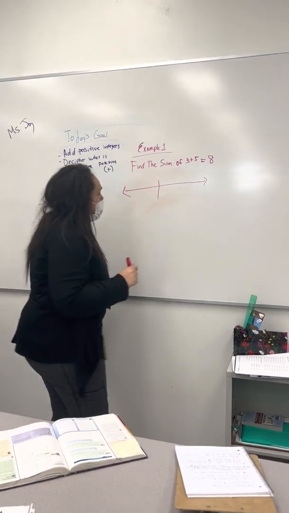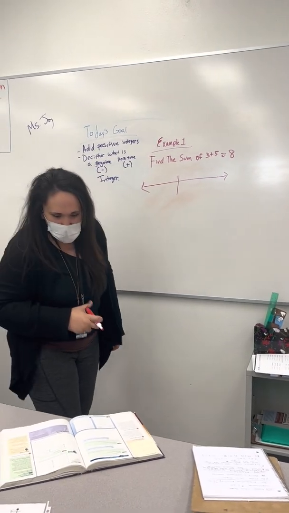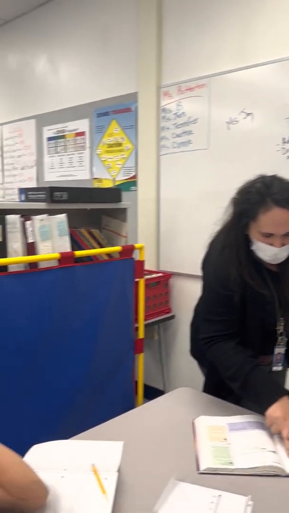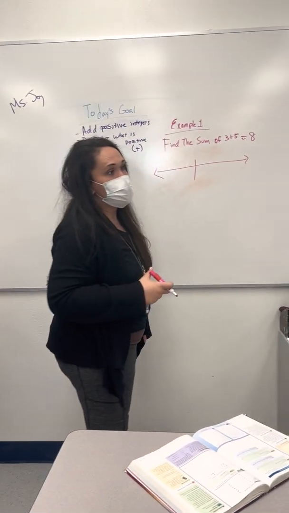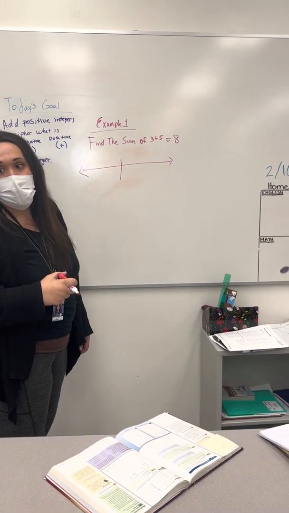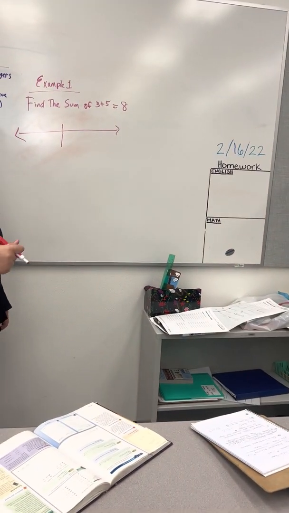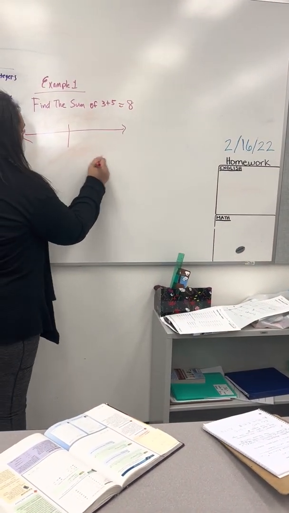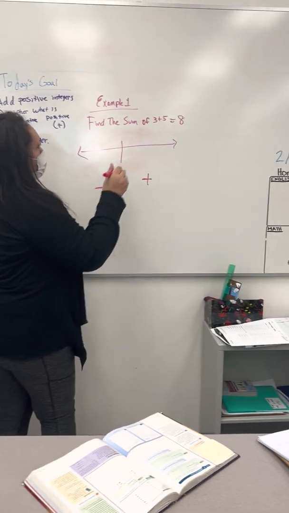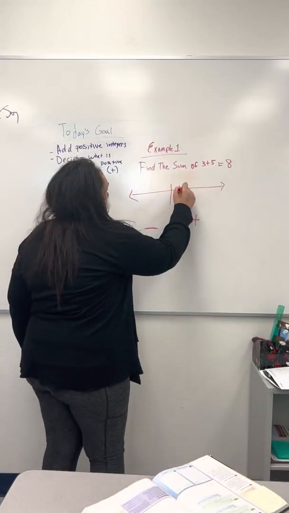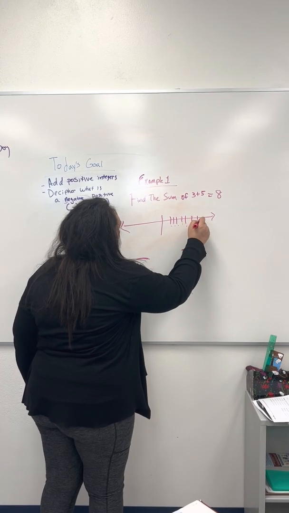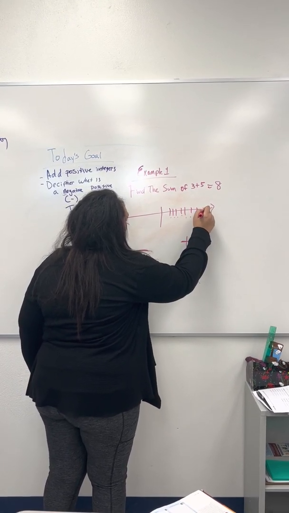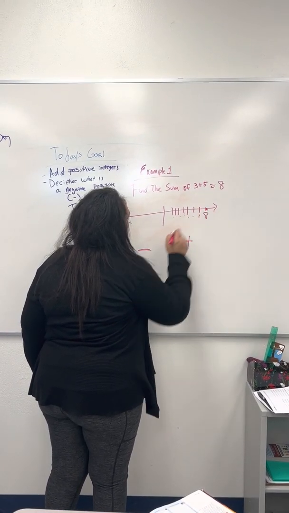So where would I graph that? Positive and negative, so where would 8 be? Right there. 8, right?